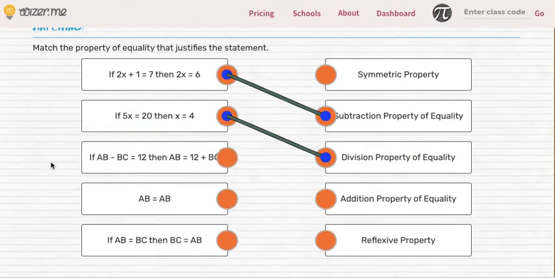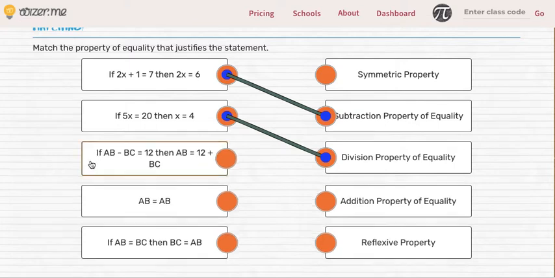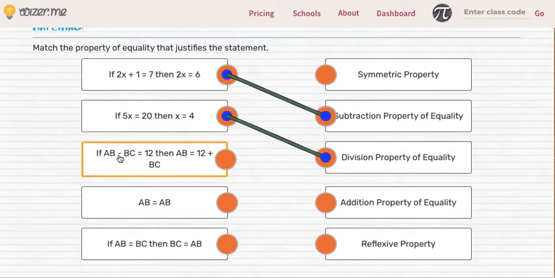If AB minus BC equals 12, then AB equals 12 plus BC. This was a little bit tricky. What we did here, we added BC to both sides, and I'm not sure if everyone saw that. So AB, let's say it was a line segment AB, and we're subtracting another line segment BC to get 12.